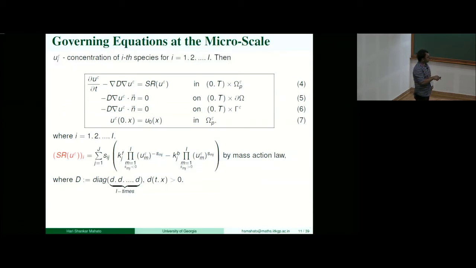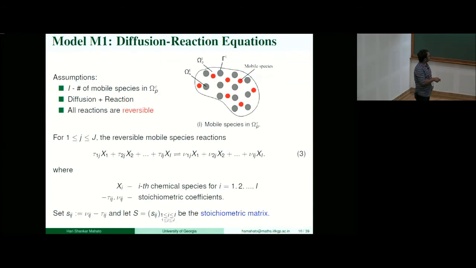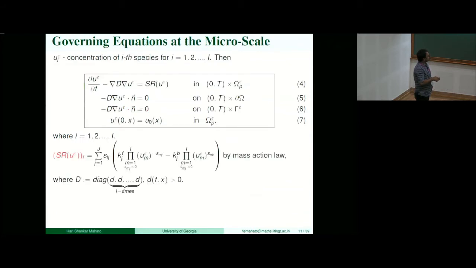Now these S_mj, if we go back, are basically the difference of stoichiometric coefficients. That means they can be as large as we please. So not only do you have the product of concentrations of species, you also have their exponents. That means this term and this term are highly nonlinear.